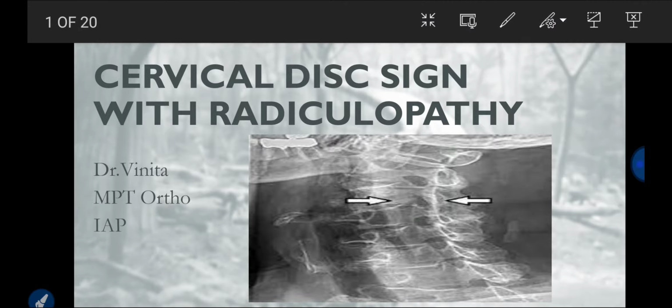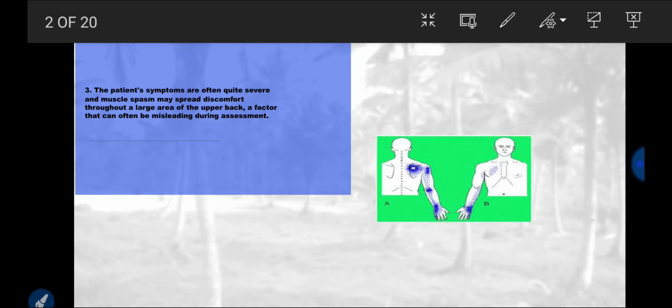So next is the radiculopathy where the patient has symptoms in some areas, most affected sites, like radiculopathy due to a definite protrusion of the nuclear material from the disc, which is affecting a cervical nerve root.